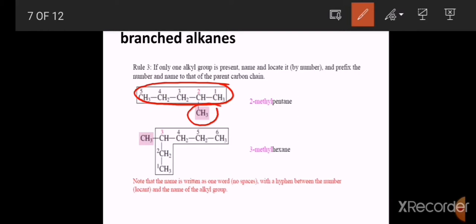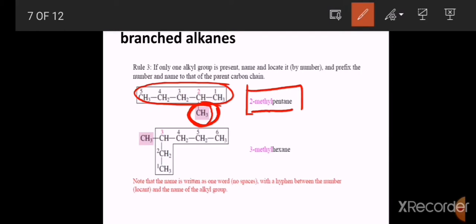You have to give first the number, so that's 2, kung saan makikita yung substituent. Then, give the name of the substituent. Since yung substituent is only composed of one carbon atom, ang pangalan niya ay methyl. Saan siya naka-attach? Sa parent chain na with 5 carbon atoms at ang pangalan ay pentane. So, ang name ng structure na to ay 2-methylpentane.